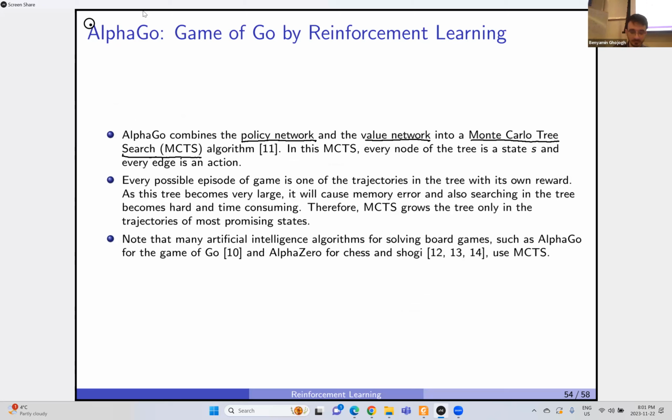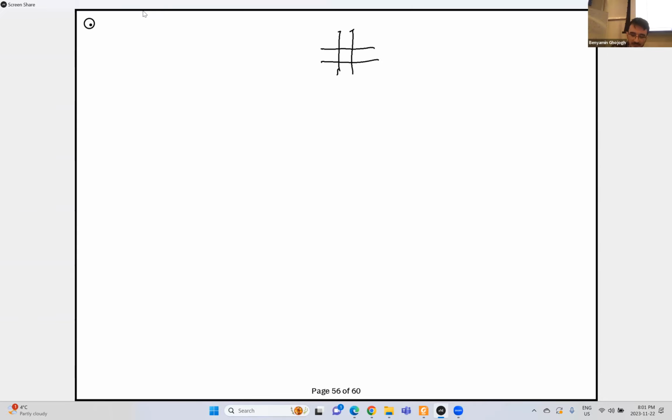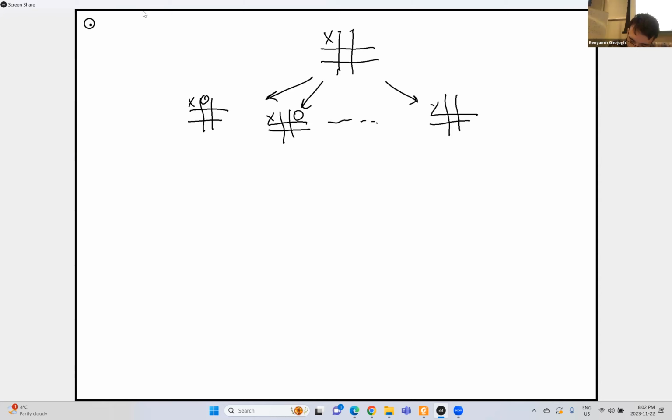Consider the tic-tac-toe game. Do you remember that? So initially, maybe the player chooses this action. Okay. Now, how many other scenarios happen for the circle? You tell me. Either the circle is put here, or here, until the circle is put here.